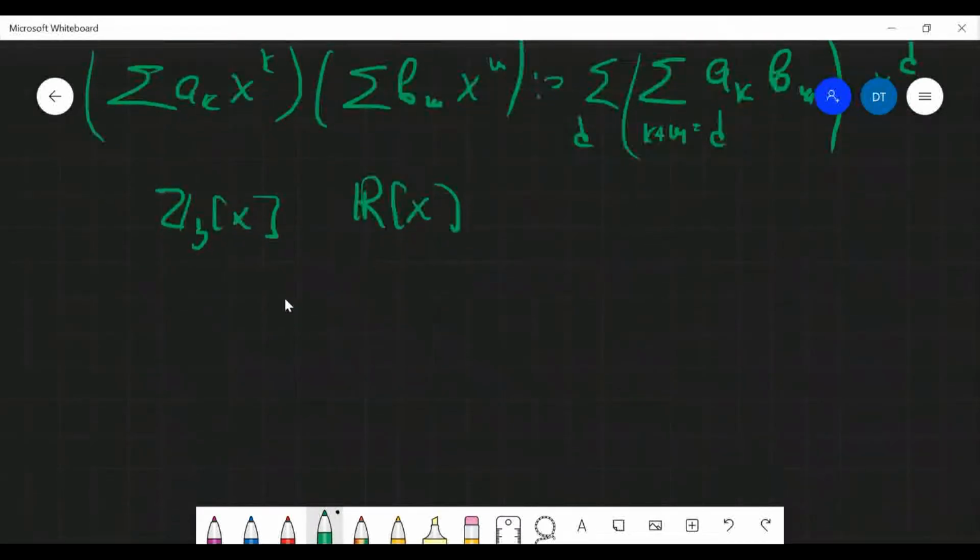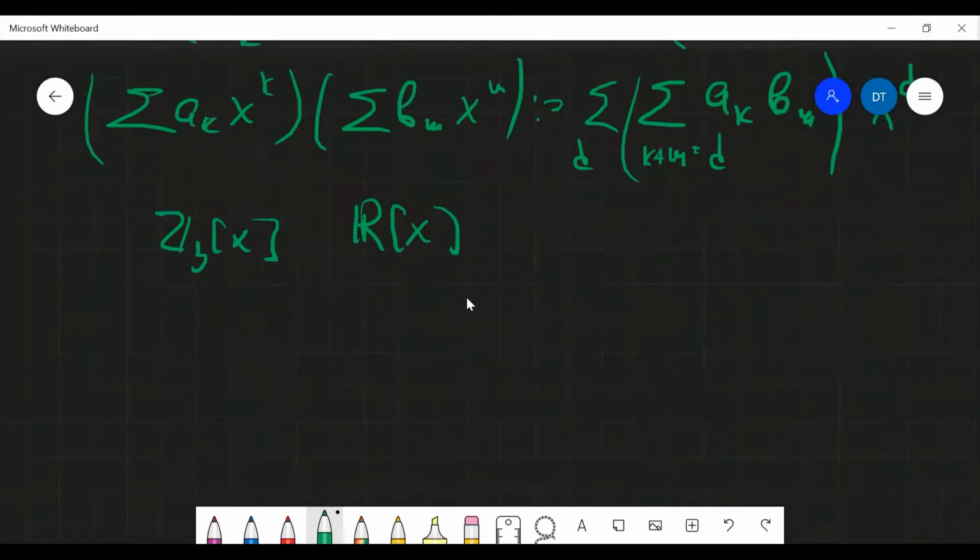So why am I saying that a polynomial is a picture?